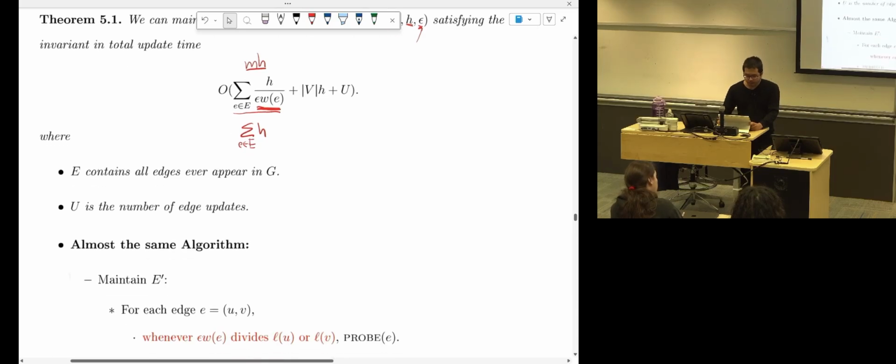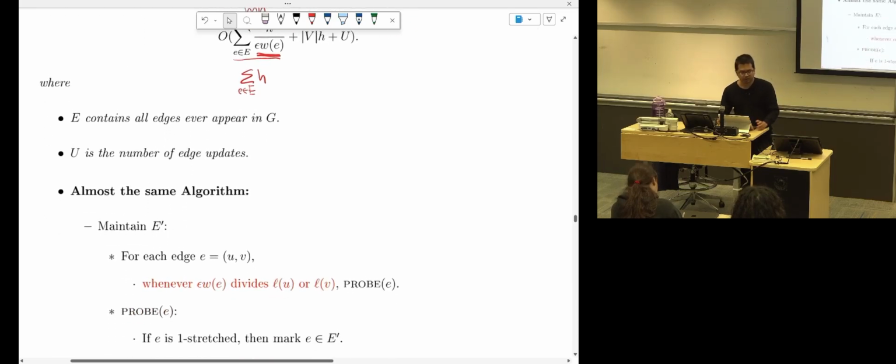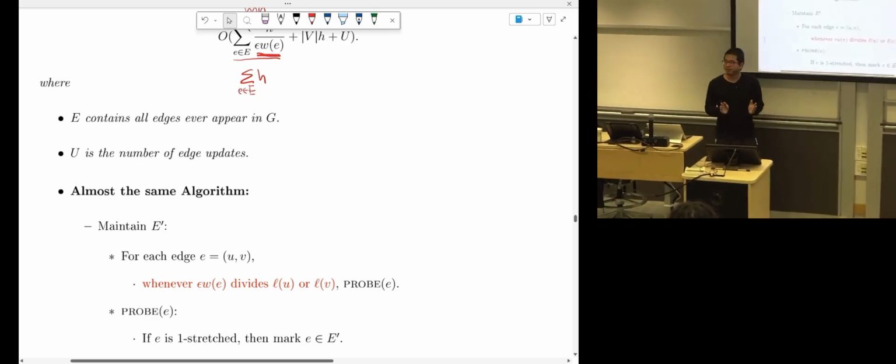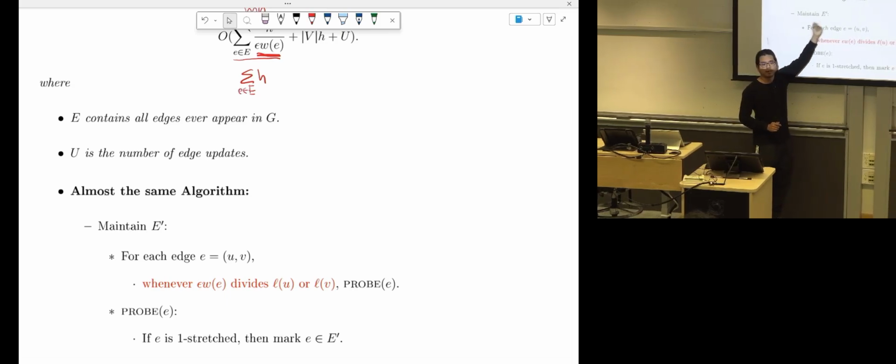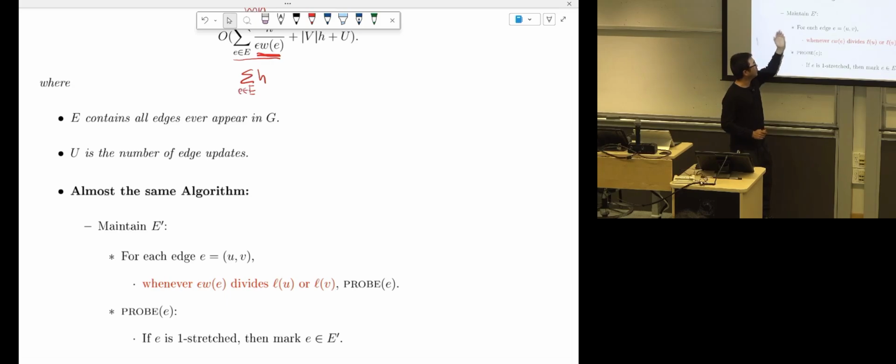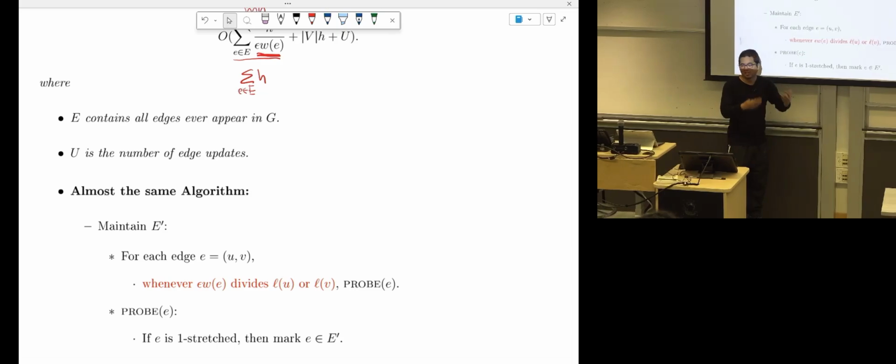So now the algorithm is going to be almost the same. And just one supernatural question, which is how do we maintain the approximately tight set E prime? What we're going to do is, for every edge, we're going to probe it whenever we need to. But when should we probe them?